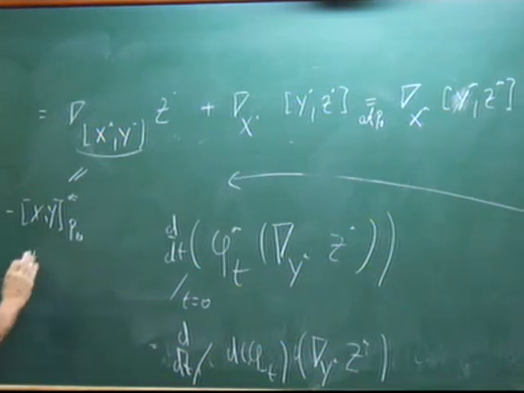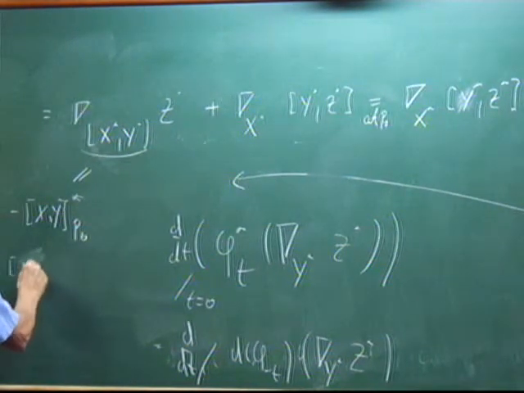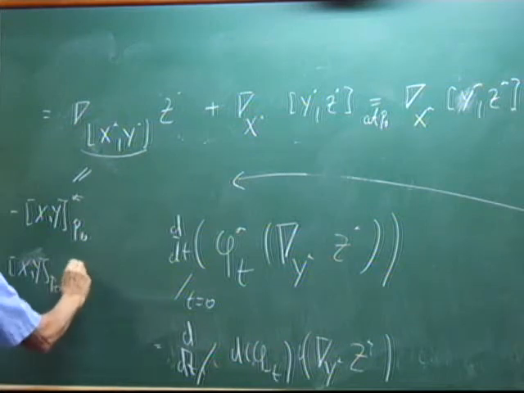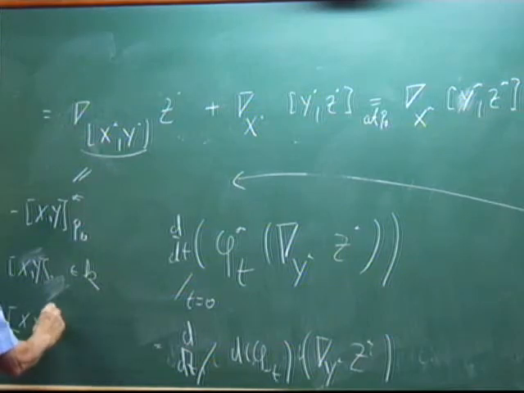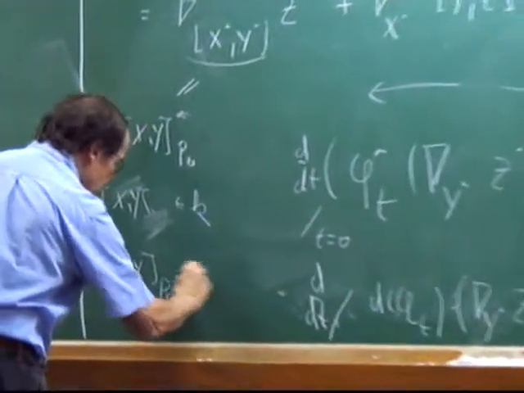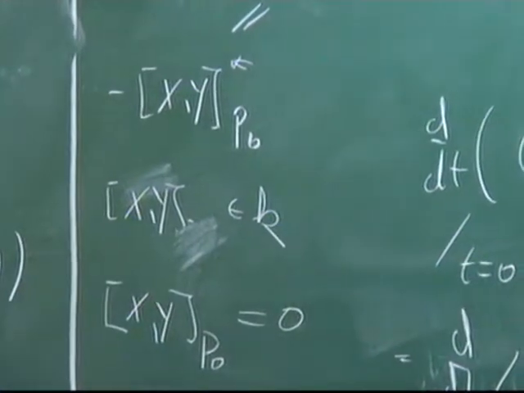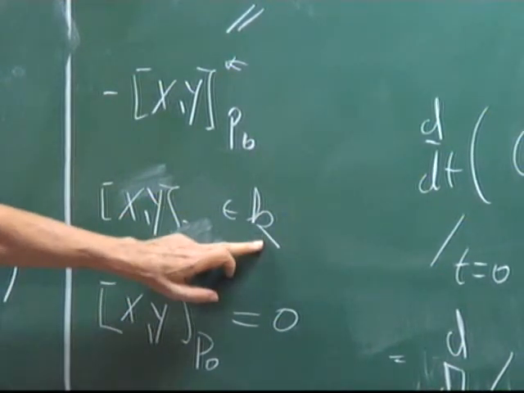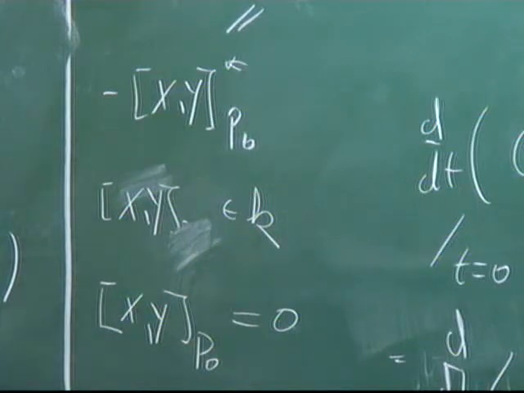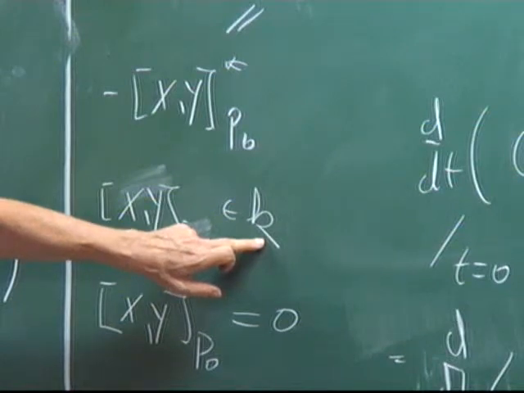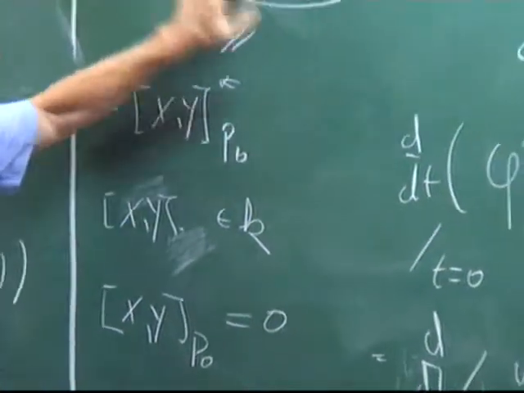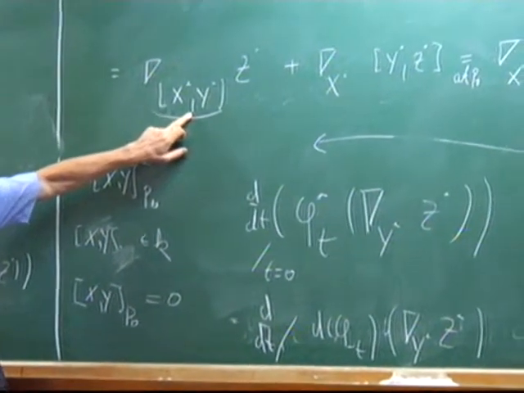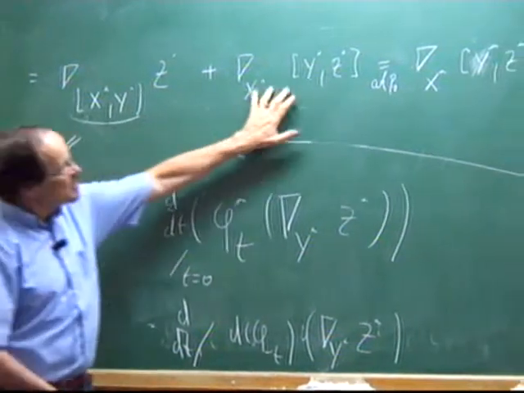But X and Y lie in P, so this is an element in K. Which means that if evaluated at the point P_0, it's equal to 0, because K was a stabilizer. K is precisely those things in G that fix the point P_0. So if the Lie bracket lies in K, anything in K applied to P_0 just gives me identity, so it gives me 0. So this vector here is 0. And this covariant derivative here only depends on the vector at this point, but not on the neighborhood. So this part is 0. This part is this part then.